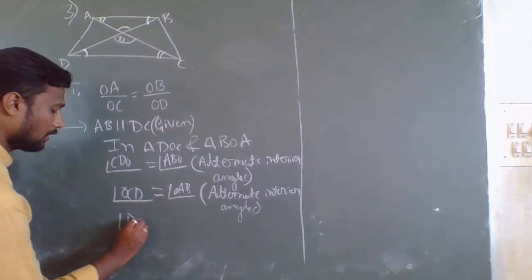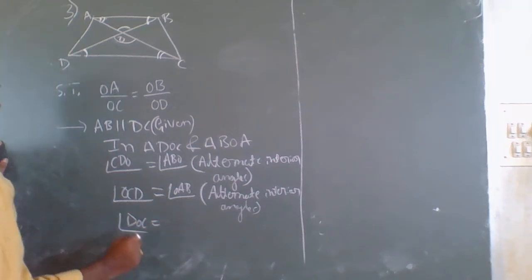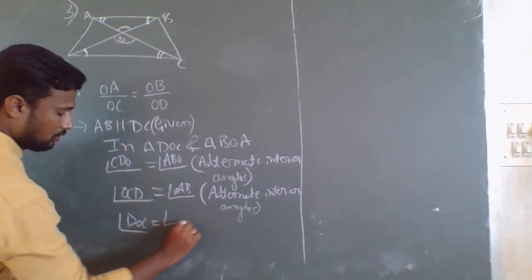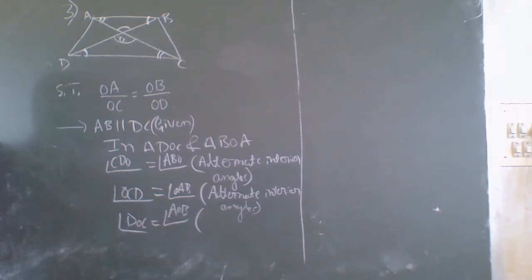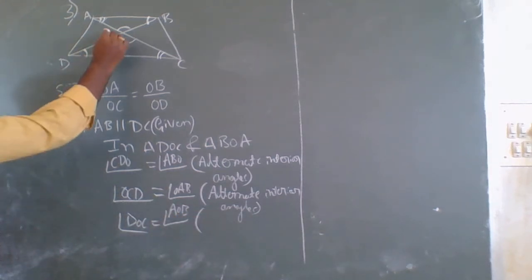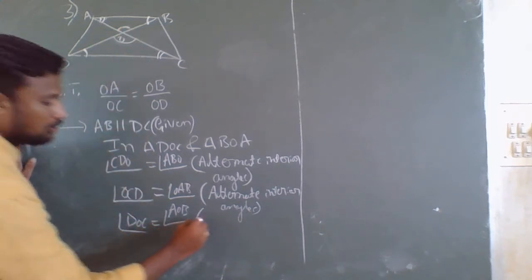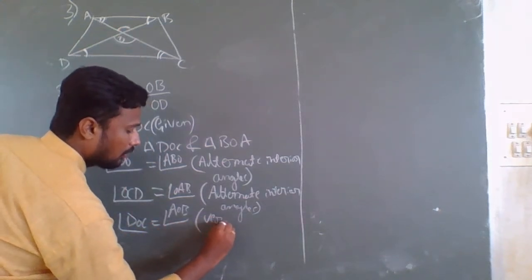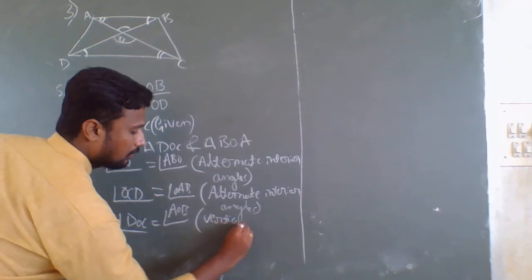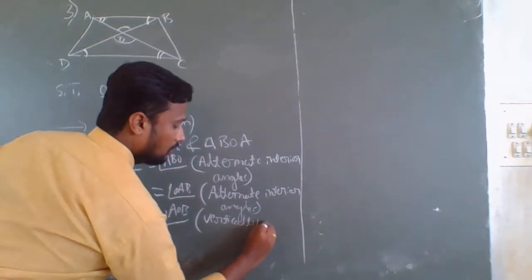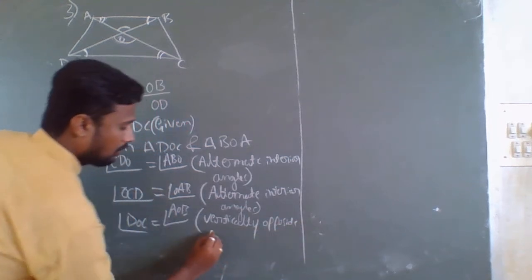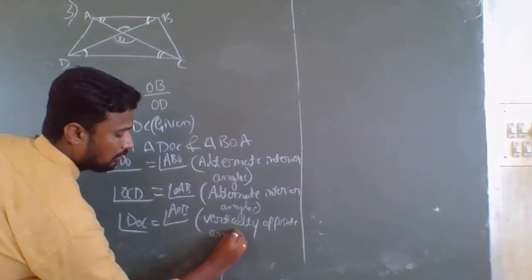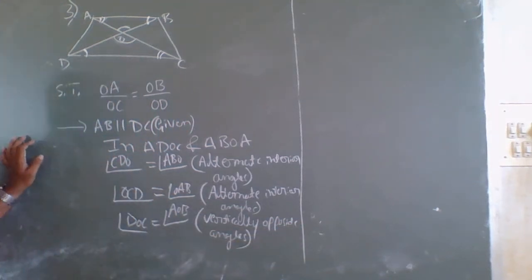Or we can write angle DOC is equal to angle AOB. Why are these two angles equal to each other? This angle and this angle, because these two are vertically opposite angles.